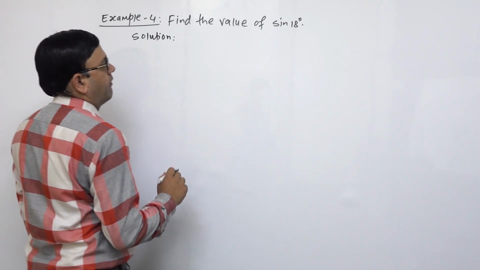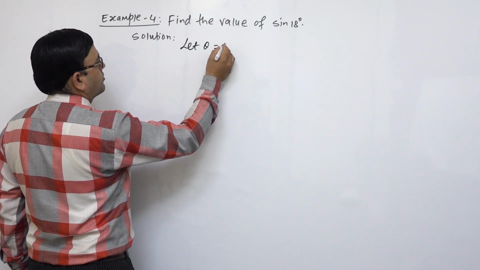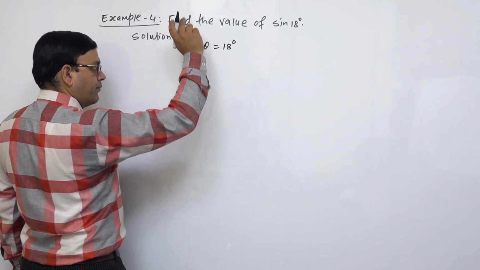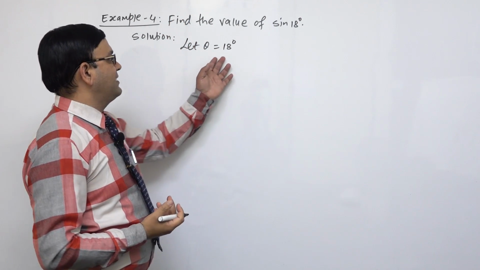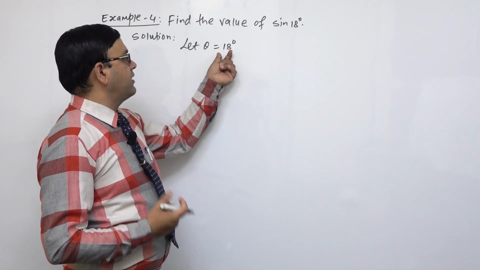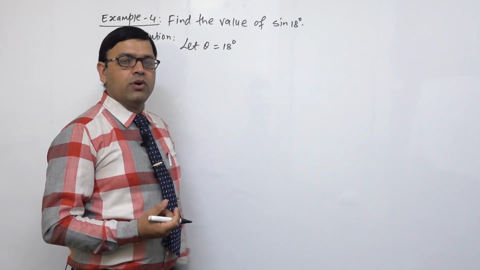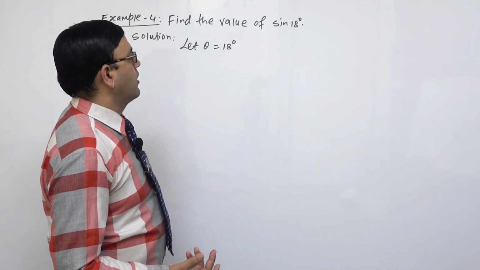Solution: we have to let theta equal 18 degree. Now if we multiply 18 by 2, it will be 36. That is not a standard angle. If we multiply by 3, 18 times 3 is 54. That's also not a standard angle. 18 times 4 is also not.